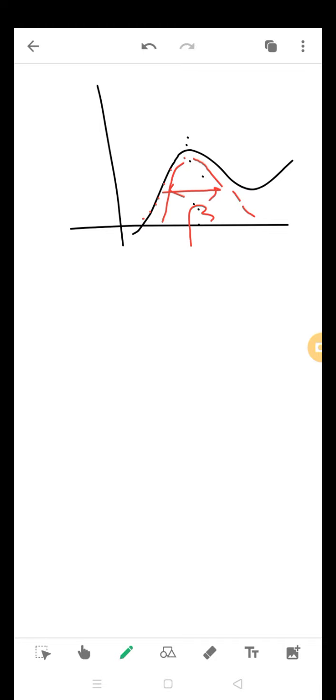And from the equation you can see that a higher value of full width of maxima implies that the crystallite size is very low.